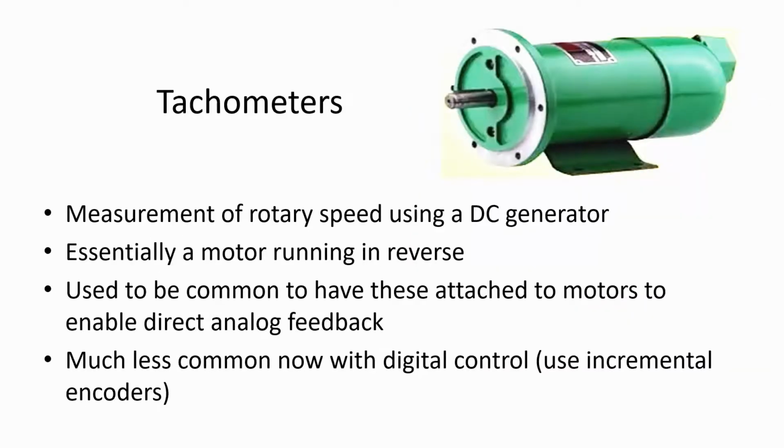Next is tachometers or tacho generators. They measure the rotary speed of machines. These tachometers are used for measuring the RPM, the rotating speed of any machine.